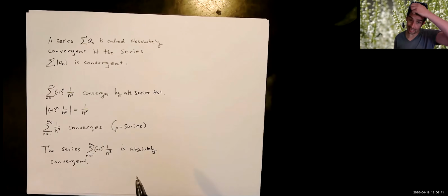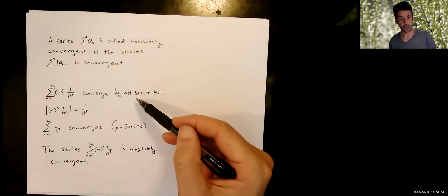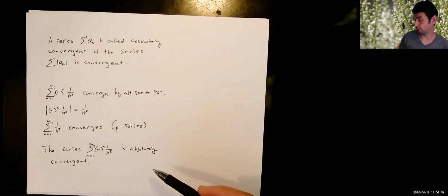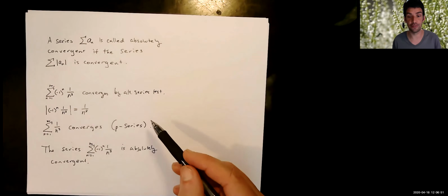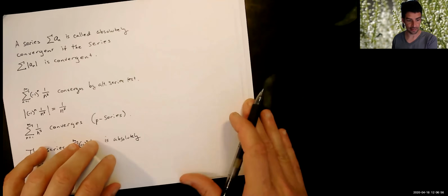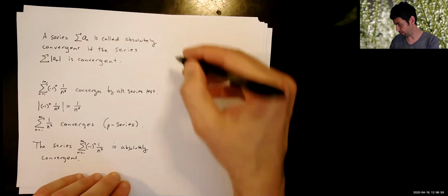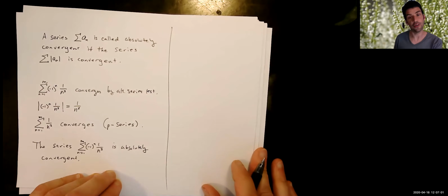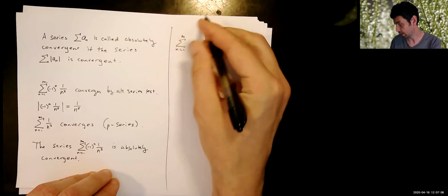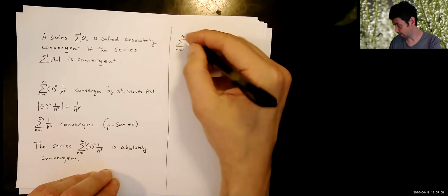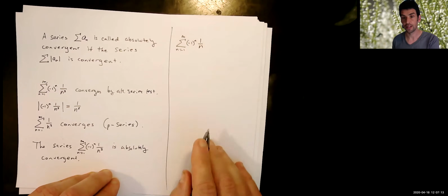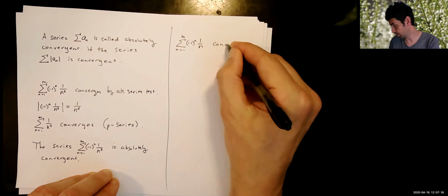Okay, so in this case, it was both convergent and absolutely convergent, okay? But notice, absolutely convergent is a stronger statement. The series itself happened to be convergent, but its absolute value is also convergent. This is not always the case. Let's make a quick comparison. We've already done these, so I'm not going to spend too much time on them, but if I look at the series, let's say -1 to the n, 1 over n, this series converges, right?